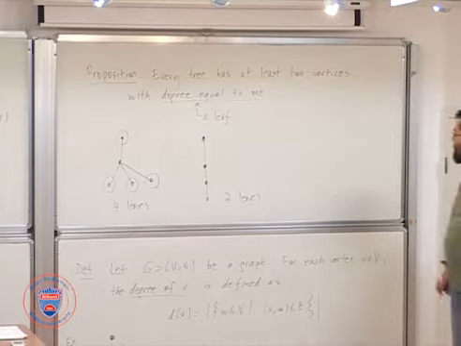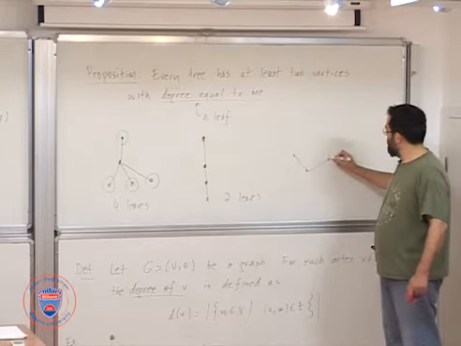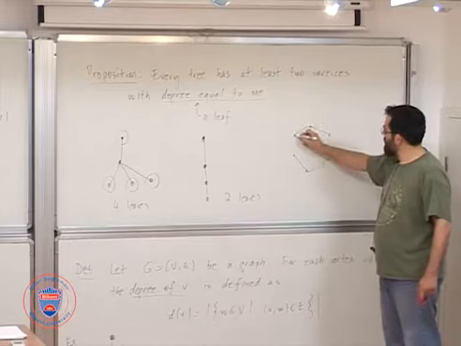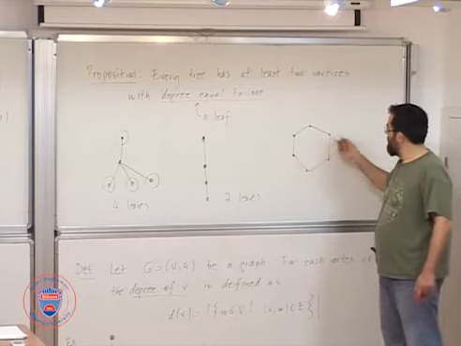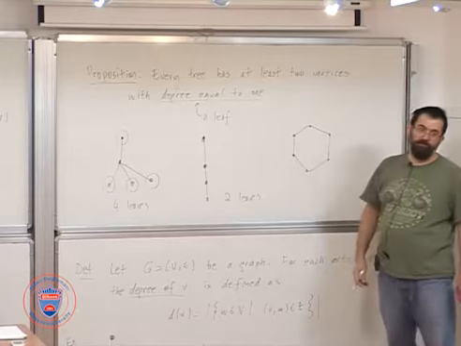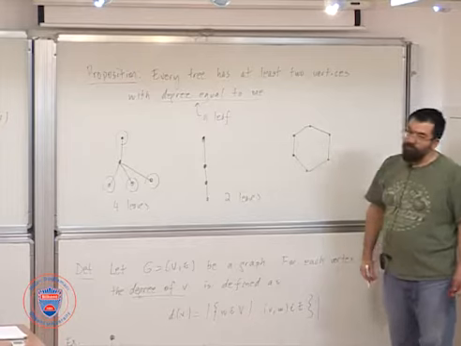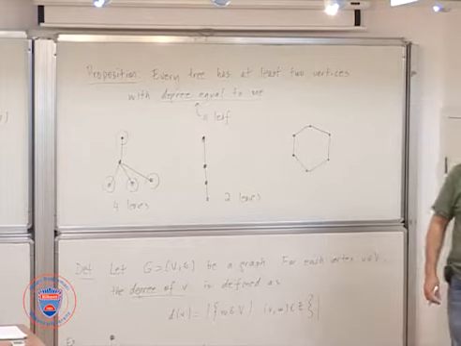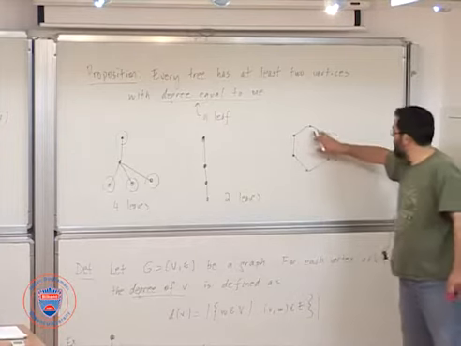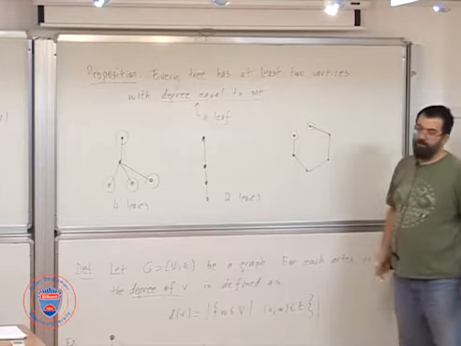You cannot draw a tree with only 1 leaf, or no leaves. For example, if you draw a tree like this, where everything has degree 2, you have a cycle. So it cannot be a tree. If you want to avoid having a cycle, you have to have at least 2 leaves. Basically, that's the idea.